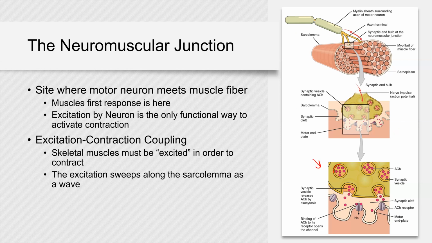So here we have a vesicle. And inside vesicle, we have special chemical. It's a neurotransmitter, and it's specific neurotransmitter called acetylcholine. That's abbreviation, ACh. Now, this chemical was pre-synthesized before, and it's just stored inside those vesicles.